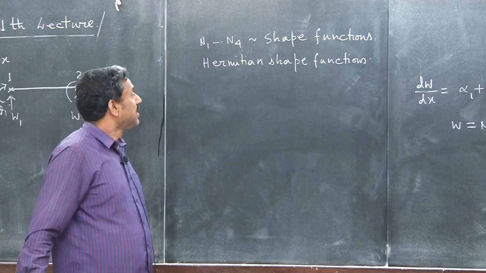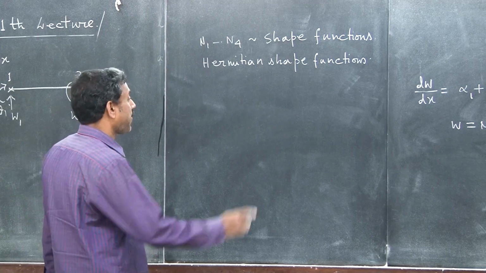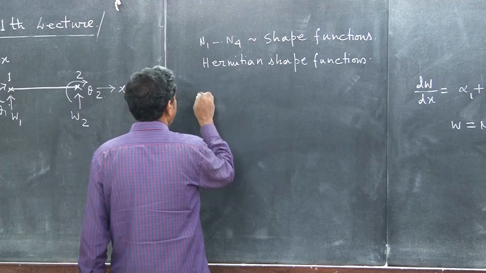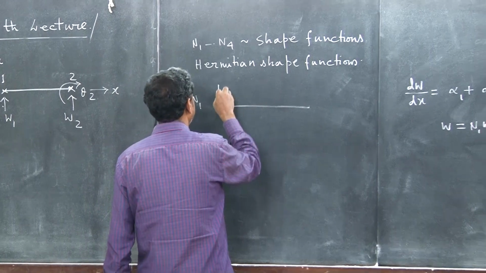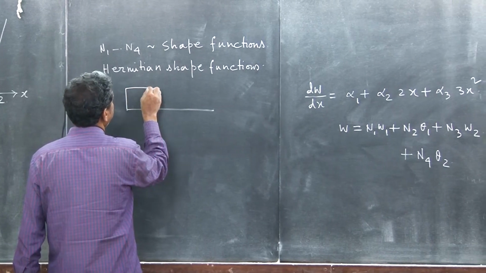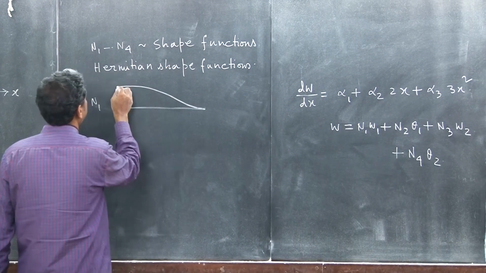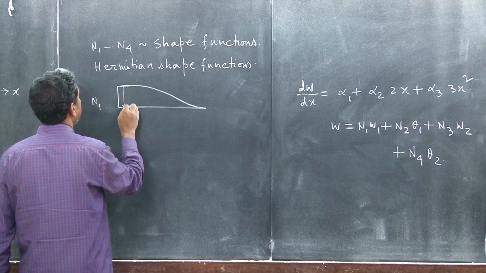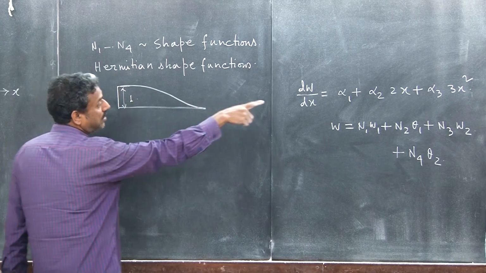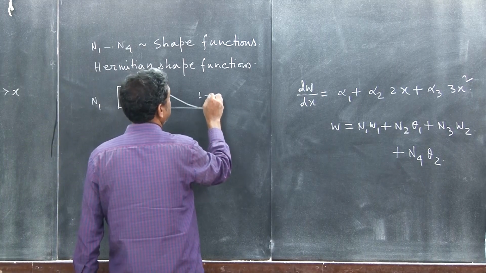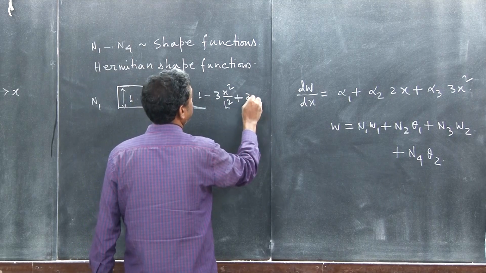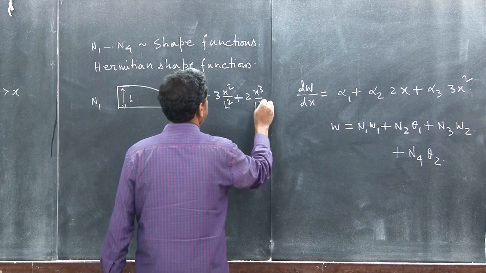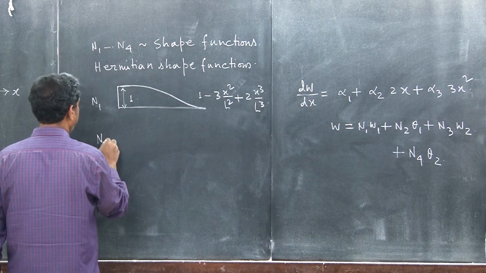Anyway, if you want, we can draw it. N1 will be something like this. It has no slope, but its value is 1: 1 minus 3 x square upon L square plus 2 x cube upon L cube. And for N2 it is different.